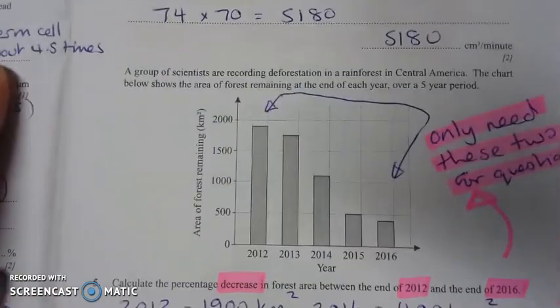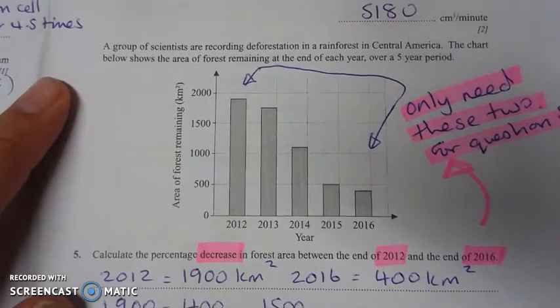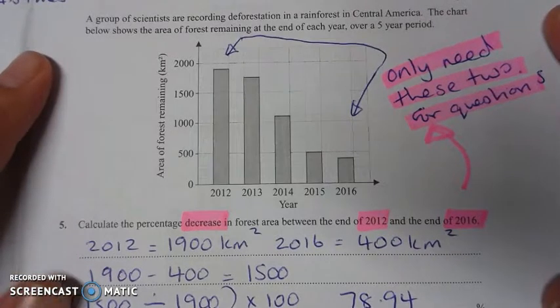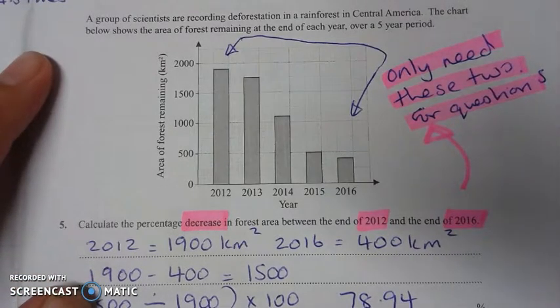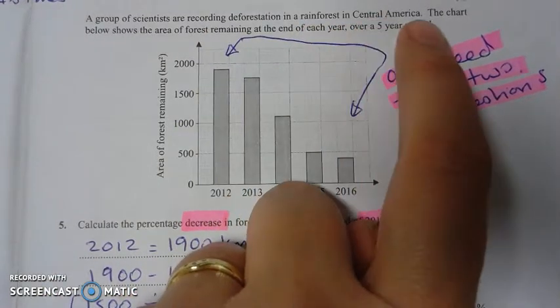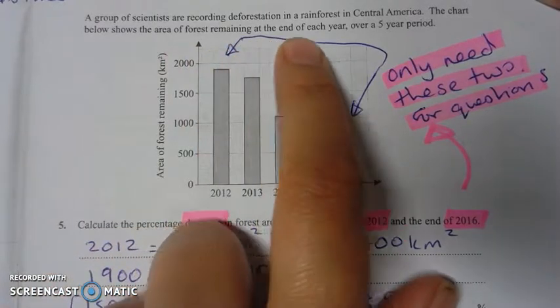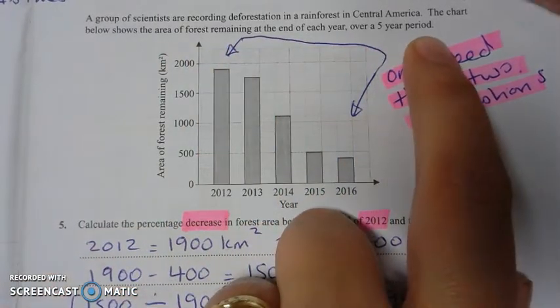Okay, this question then is looking at some data, and we've got to take some data from a graph. A group of scientists are recording deforestation in a rainforest in Central America. The chart below shows the area of forest remaining at the end of each year over a 5-year period.